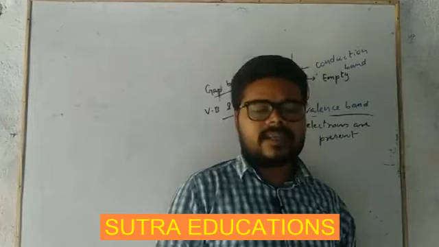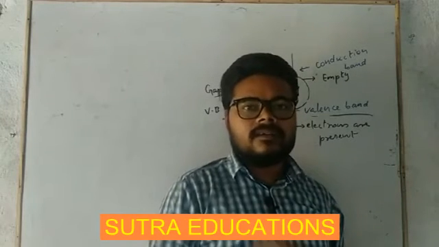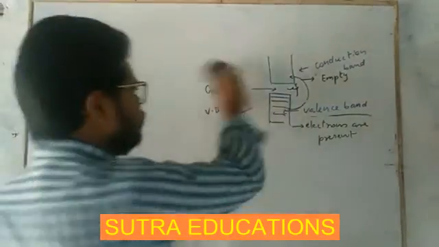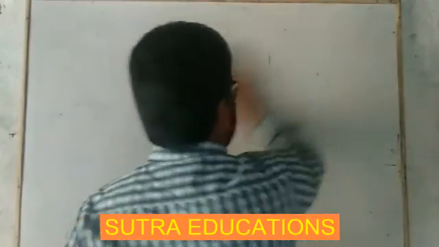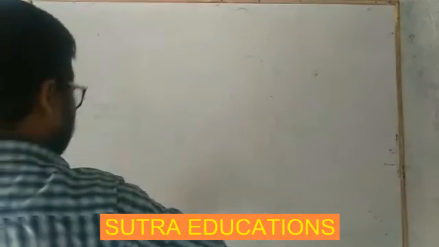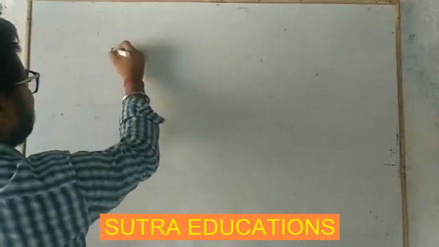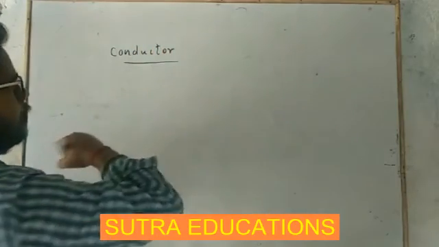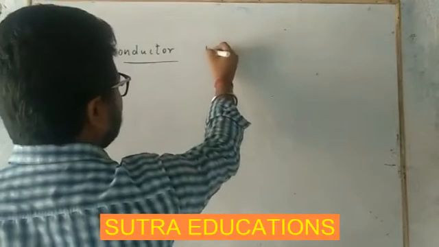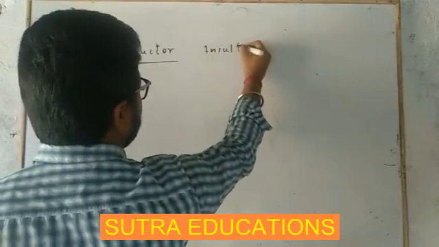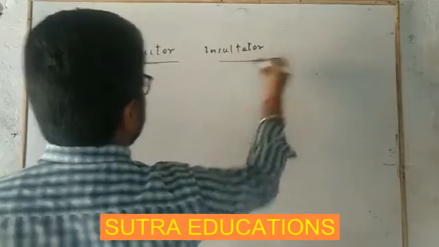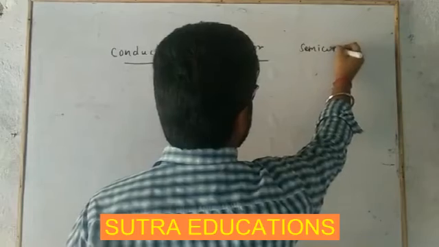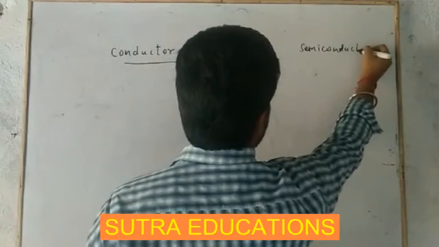So now we are in a position to discuss conductor, insulator and semiconductor. We have three things: one is the conductor, then the insulator, and then the semiconductor.